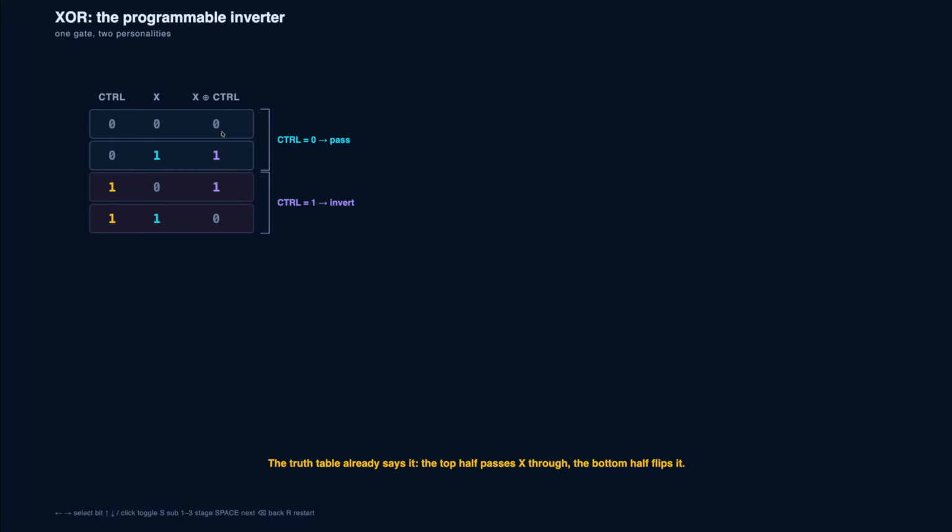So it follows the input. On the other hand, if I make the control line equal to 1, notice what happens when x is a 0 and when x is a 1. X exclusive OR with the control line flips the bit and I get an inversion. That's part of the secret.